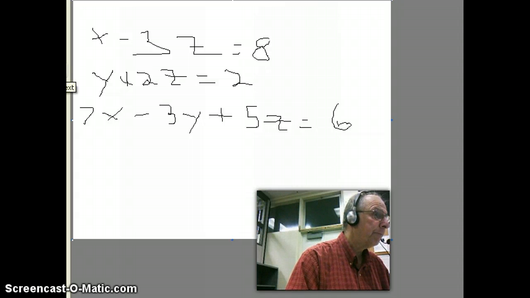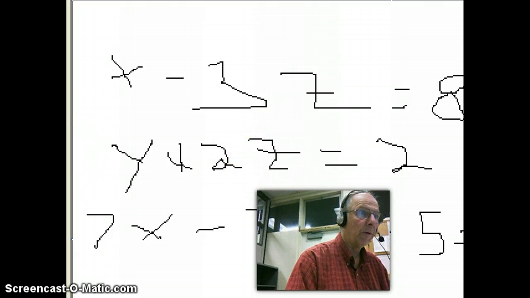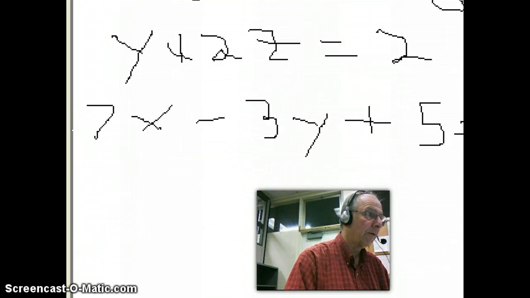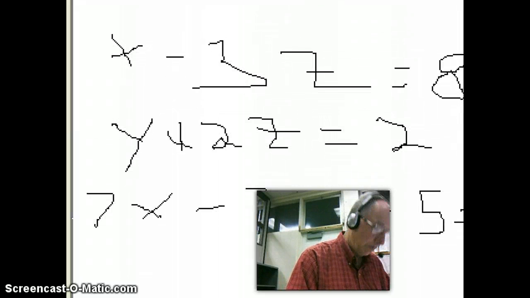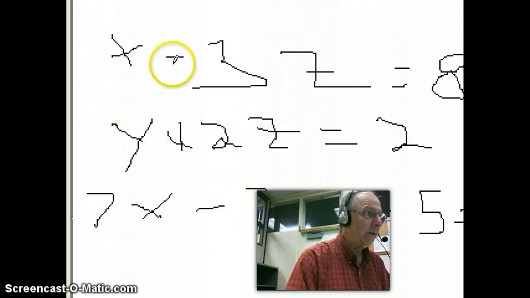And so what we want to do now is try to make this a little bit more solvable for you. That's our goal. What you want to do here is see if you can get another one of these first two equations in terms of two variables.